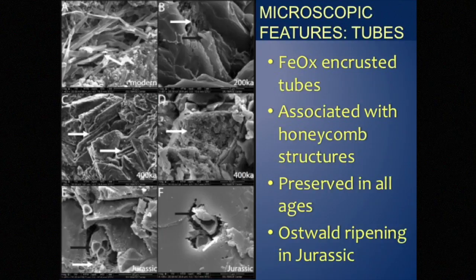I think part of the most interesting stuff, in the modern mats, you see these tubes that are very ubiquitous. And as you get older, you continue to see them.